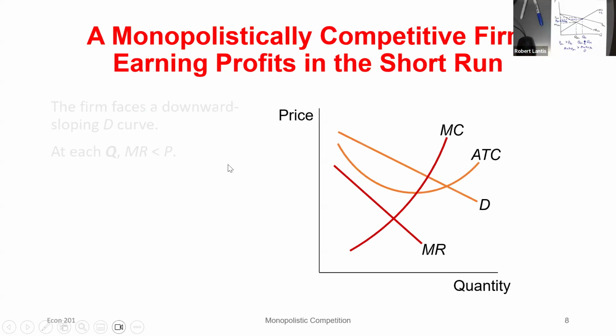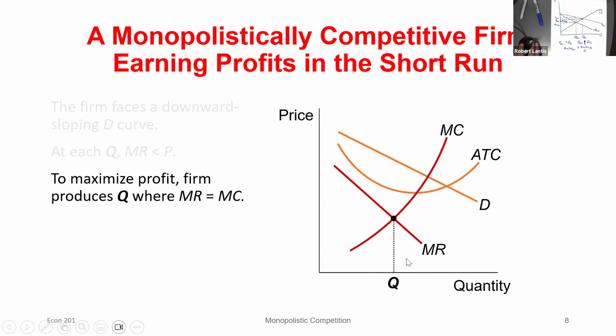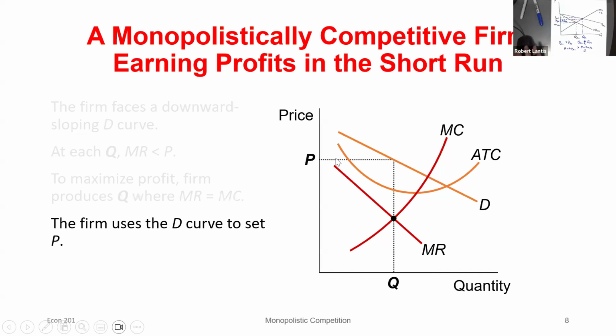So if I drew in there an average total cost curve that looks something like this, when they choose that profit maximizing quantity, marginal cost is equal to marginal revenue down here. They then go up to the demand curve to set the price. At that quantity, the price, or how much money they're making per unit, is above their per unit cost, or their average total cost curve.